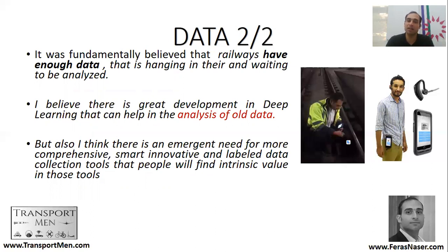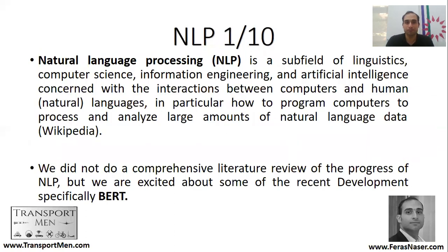And I believe there is a great amount of data, and some of the current deep learning models will help in analyzing all data. But I also think there is an emergent need for more comprehensive, smart, innovative, and labeled data collection tools that people will find interesting value in. So it is something that you can use across so many platforms. So that was the data bar.